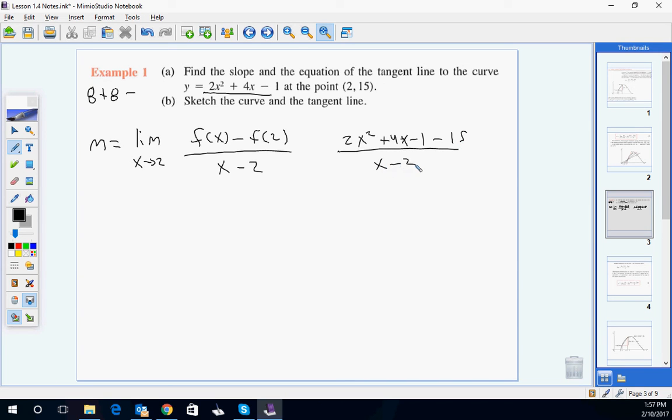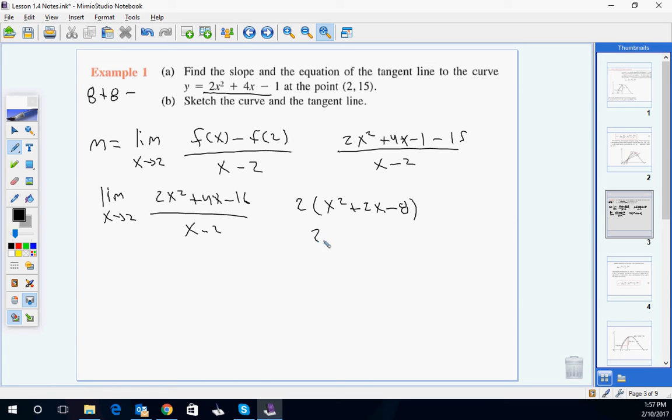So we're hoping what's going to happen? We're hoping that the top we can do what? Yeah, we're hoping we can factor the top. So first step of factoring is to what? Greatest common factor. They all have a 2 in common. Okay, I'm just going to write this. We're going to factor that now.